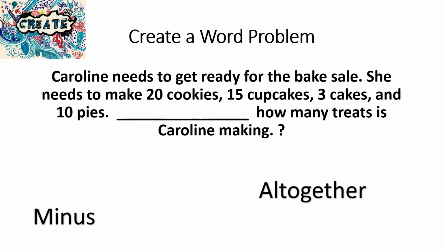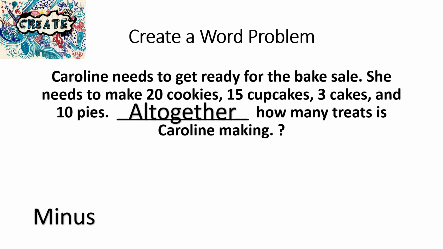Great job! All together should go in the blank. We want to know how many treats Caroline is making. So we want to add all our numbers in our word problem. 20 plus 15 plus 3 plus 10.